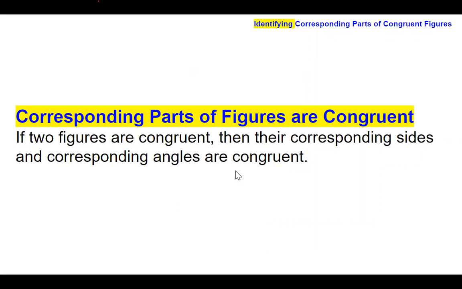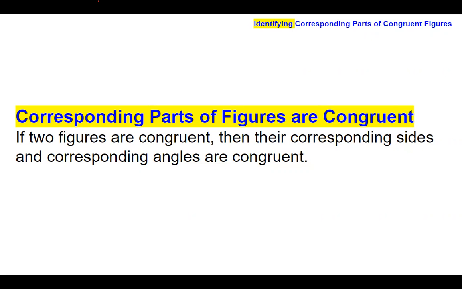Corresponding parts of figures are congruent. It states if two figures are congruent, then their corresponding sides and angles are congruent. So we just need to prove that the sides are congruent and the angles are congruent, so we can have corresponding parts of figures that are congruent, okay?